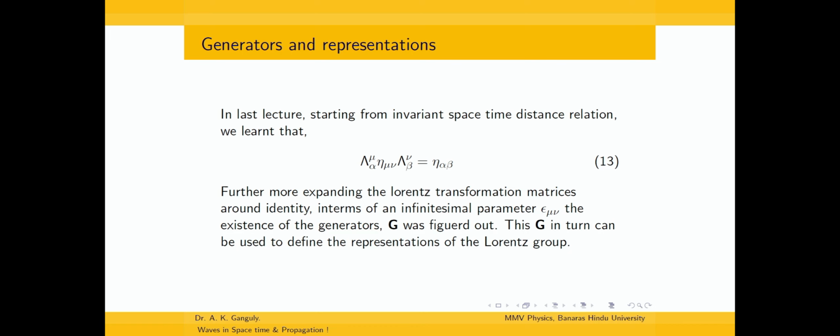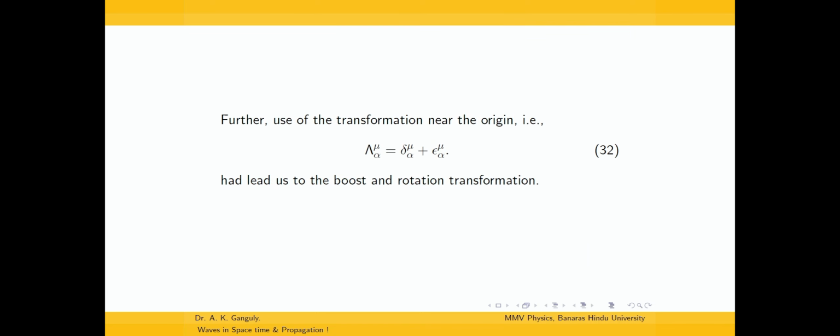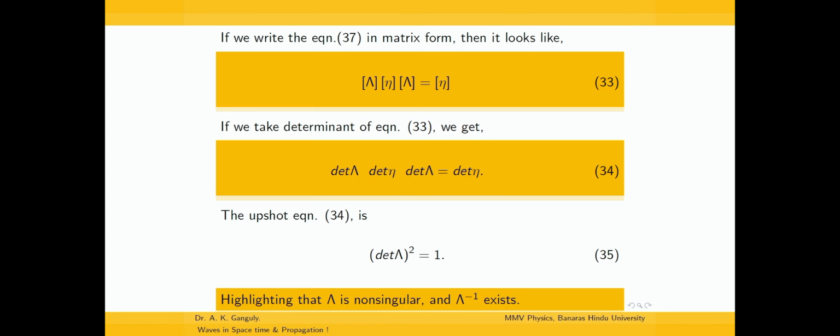and if we take a determinant, then what we get is the determinant of this matrix squared is equal to 1. Okay. So, we start from equation 13 and land up getting equation 35, and it tells us that the determinant of the lambda matrix is non-zero, so lambda is a non-singular matrix.